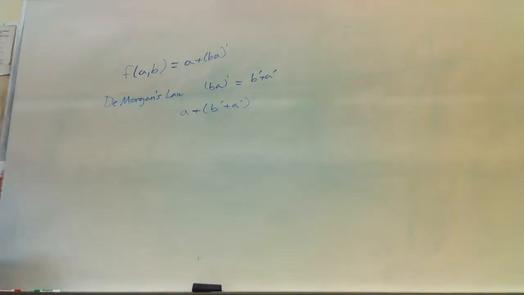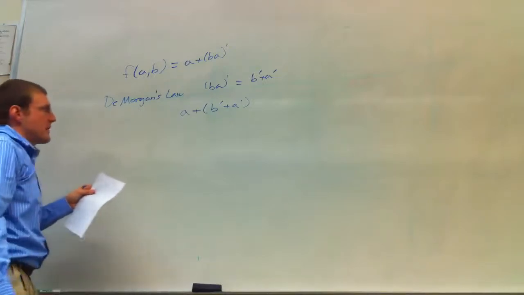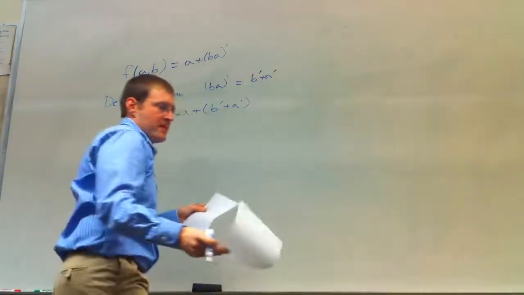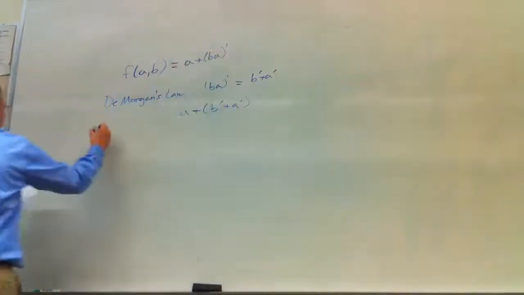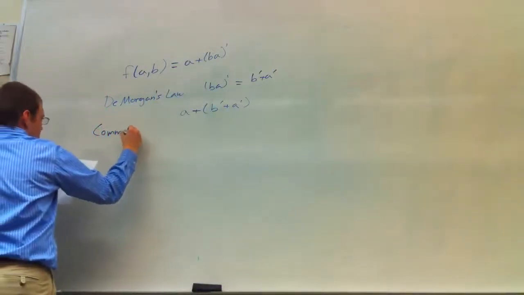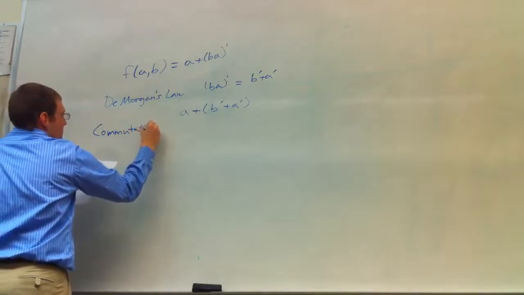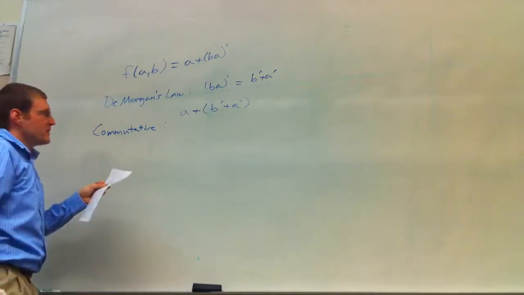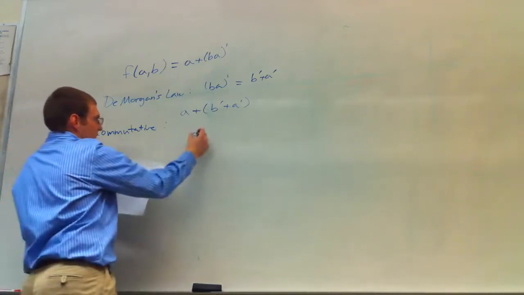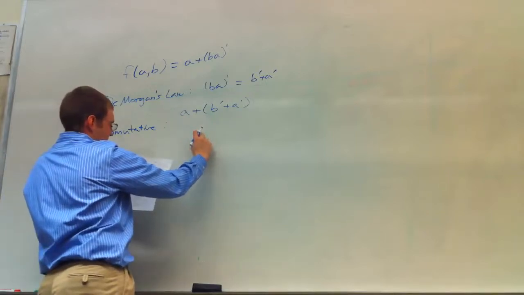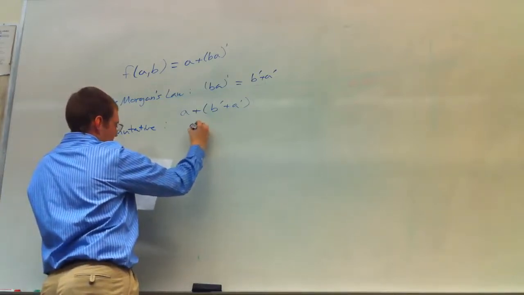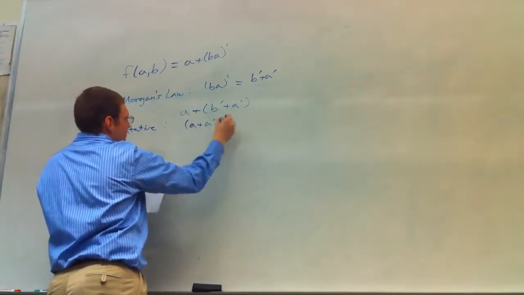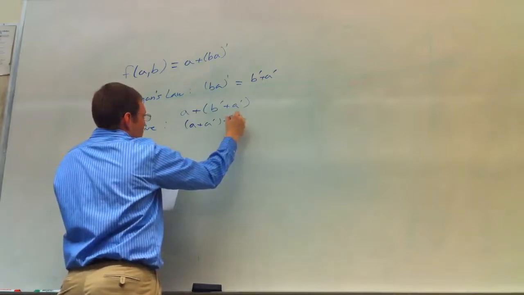Can anyone see what law I can use next? Commutative? Yes, the commutative property. So what was the commutative property? So then I can say A or A not or B not.